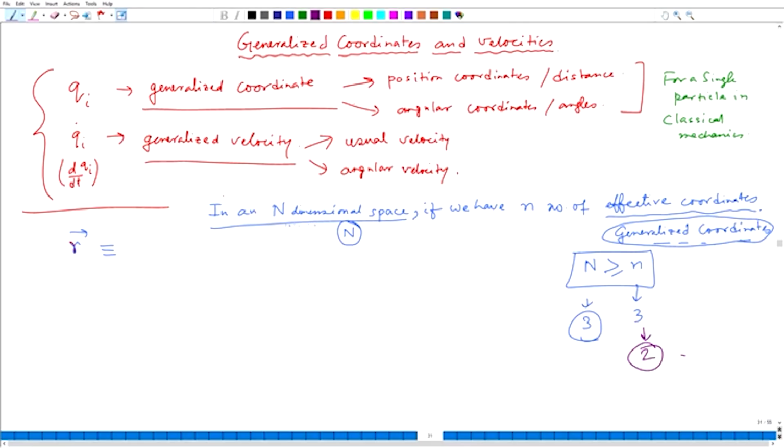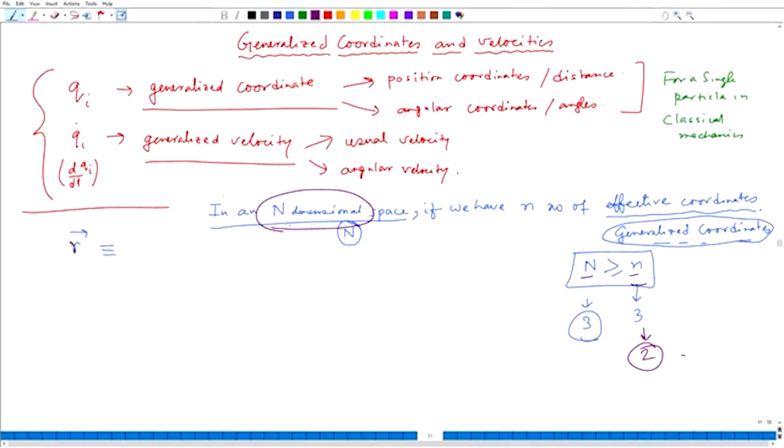Okay. Now, that is why you see that this n minus small n is nothing but the number of constraints. Or in other way you can say that if you just start from the number of Cartesian coordinates and you subtract the number of holonomic constraints, you suppose that corresponding to every holonomic constraint you will be able to reduce the number of coordinates by 1.